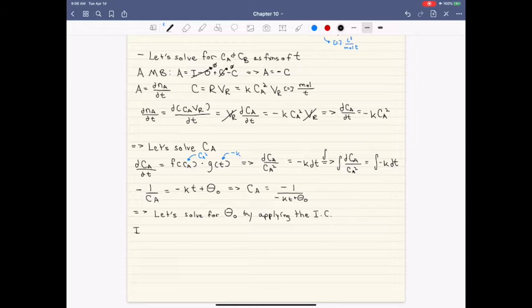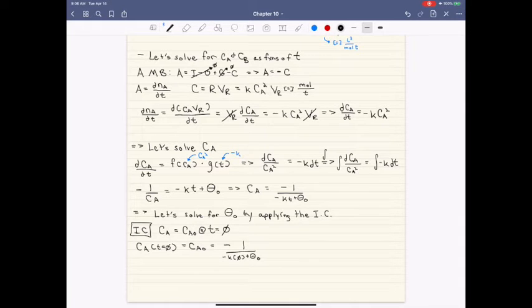Alright, so our initial condition for Ca is that Ca is equal to Ca naught at time equal to 0. Okay, so let's plug that back into our equation. So we have Ca at time equal to 0 is equal to Ca naught, and that's all equal to negative k times 0 plus some theta naught.